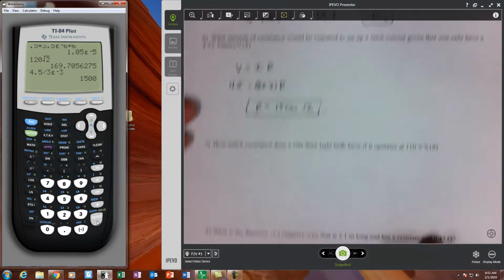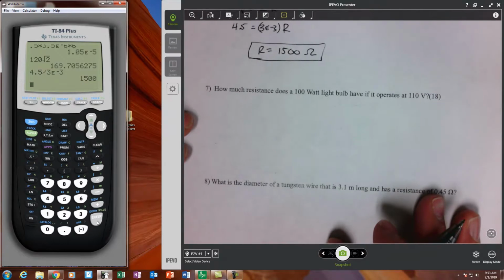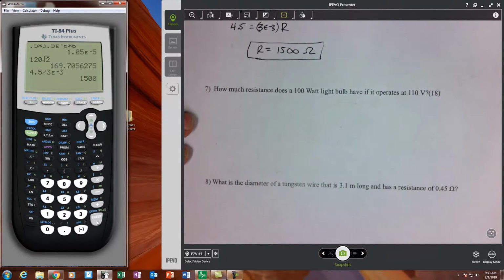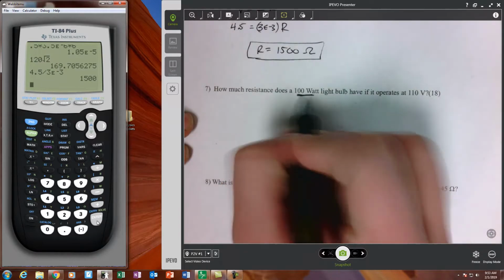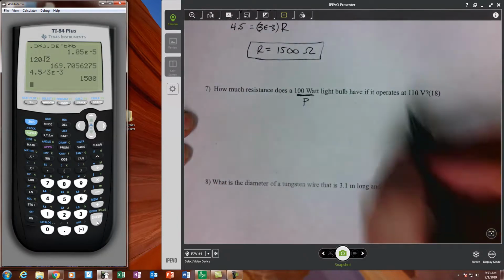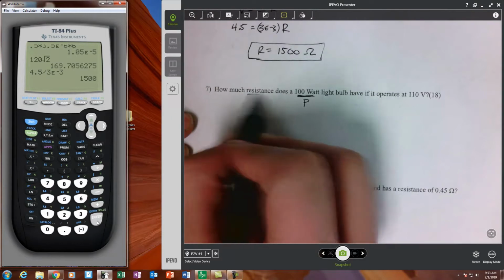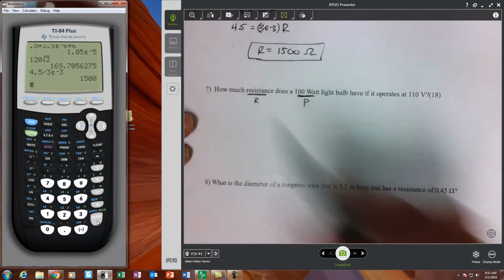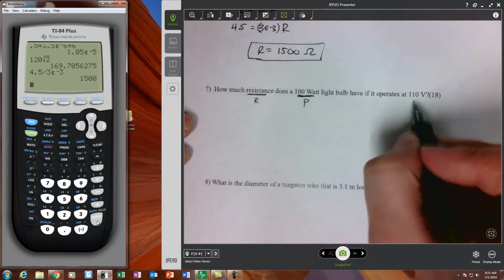Okay. How much resistance does a 100 watt light bulb have if it operates at 110 volts? When we talk about watts, we're talking about power. That's the biggest issue that we have with this, is a lot of people forget that that's power, we have a resistance, and we have a voltage.